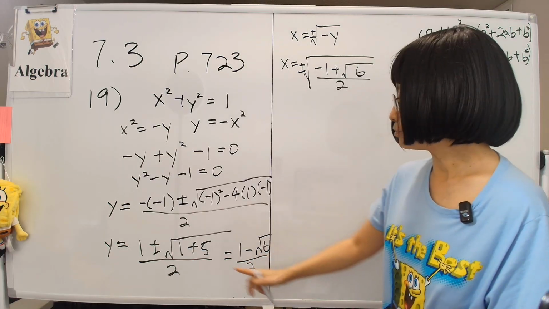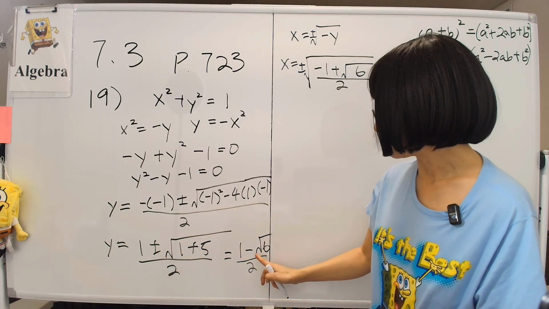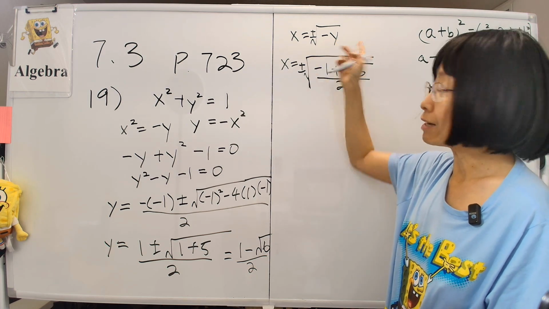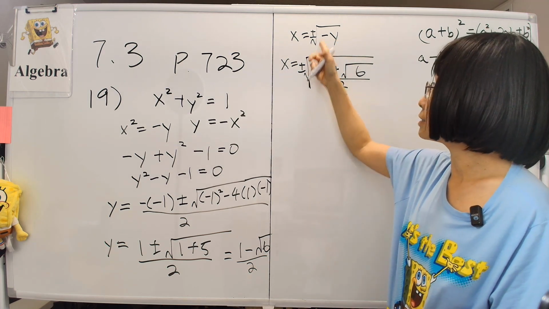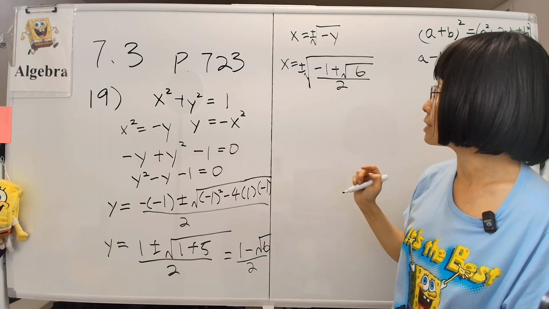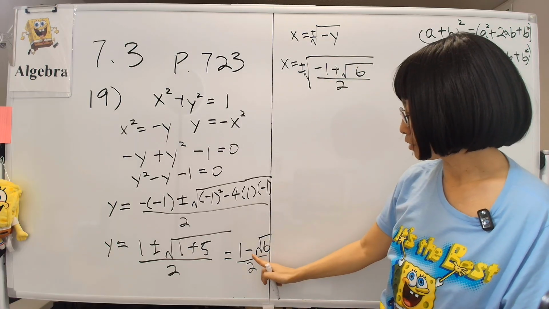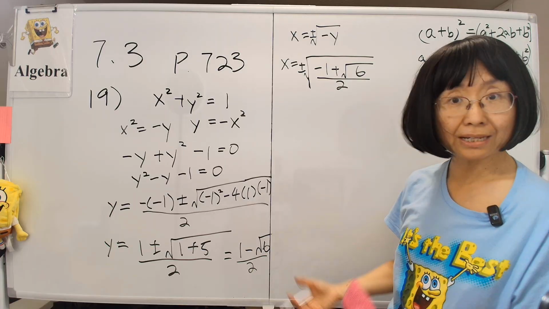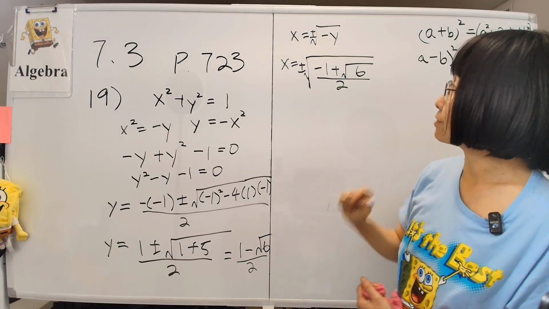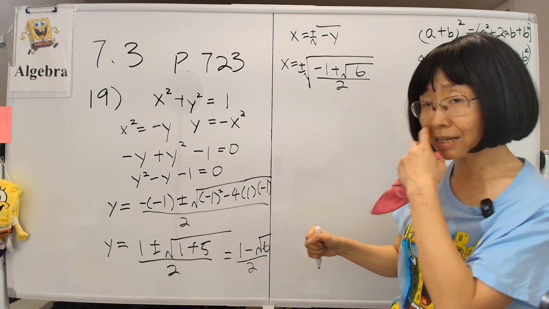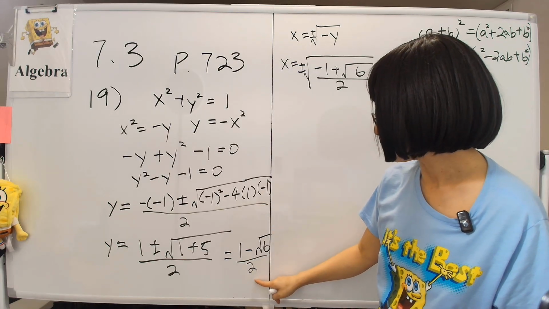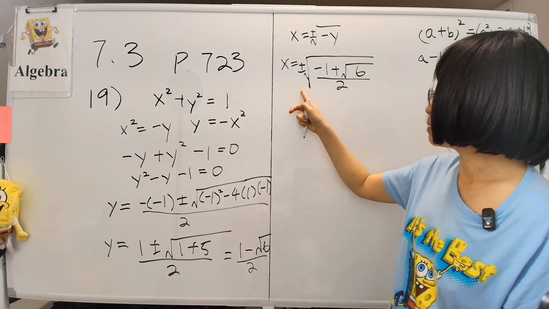We rejected the plus one because we need y to be negative. If y is negative, negative y will be positive. And we need the stuff under the square root sign to be positive, which is negative y. We chose the negative value for y, because 1 minus square root of 6 will be a negative value, and when we slap a negative sign on there, it will make it positive so the x can survive. So this is the value of y, and this is the value of x.